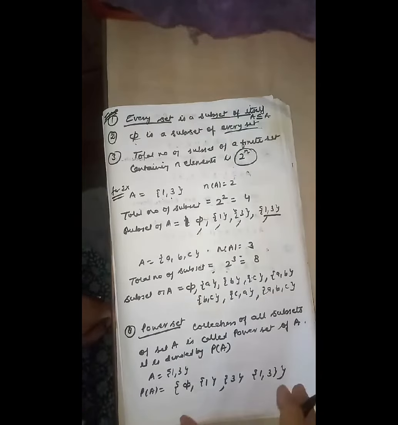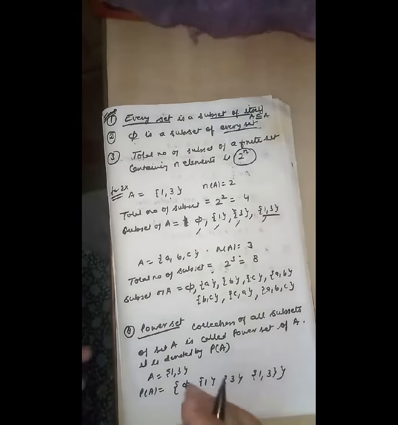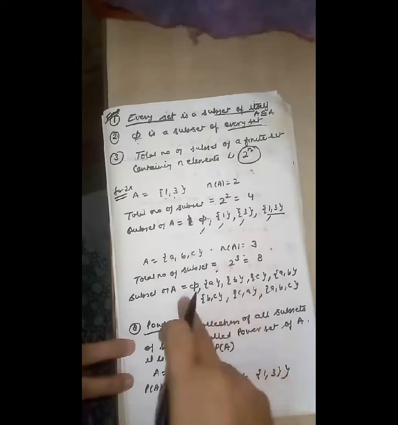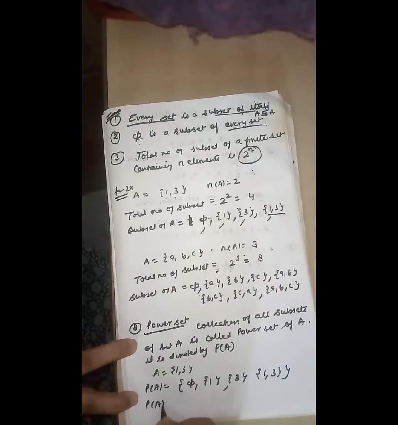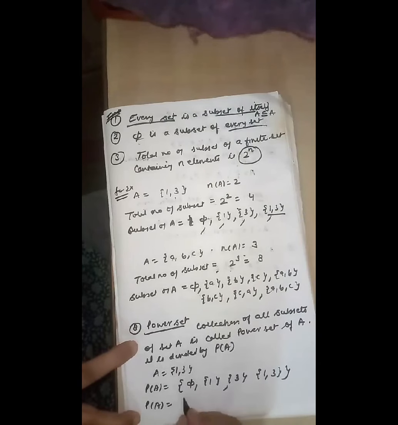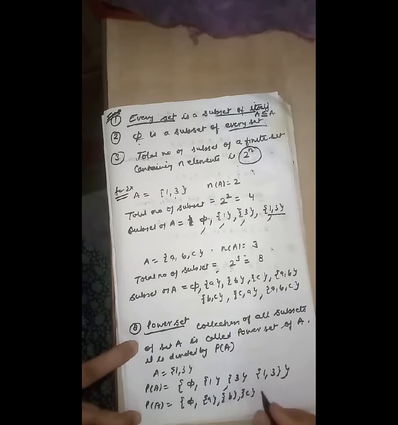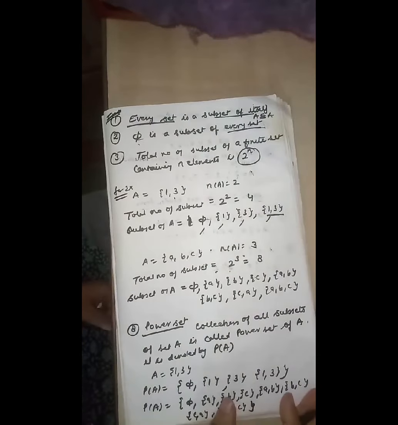Now this is the power set of A. Similarly, you can make the power set of the second example. You can put all subsets in a curly bracket. Now this is the power set.